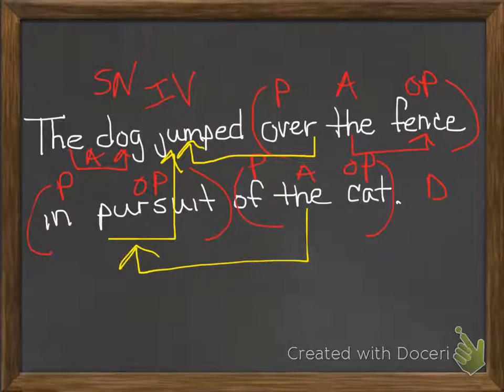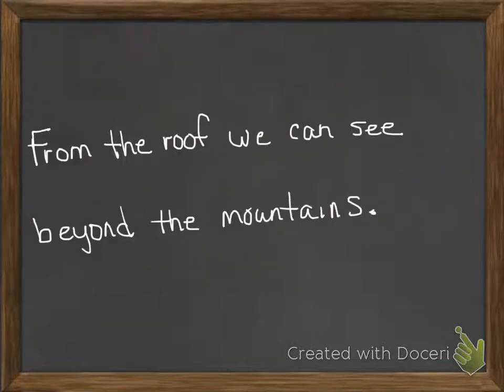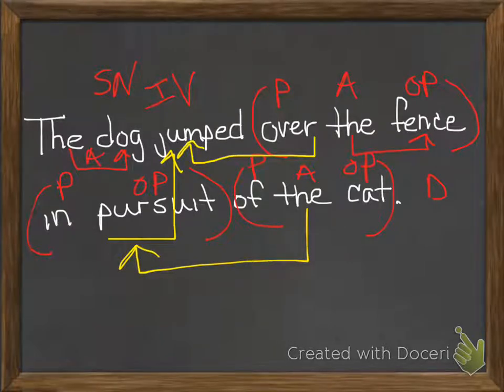Okay? Phew. All right. So in our activity, we just needed to notice which of the prepositional phrases was an adverb versus an adjective phrase. And this is number 6 in your activity for the week.